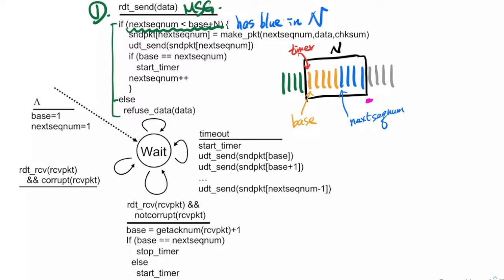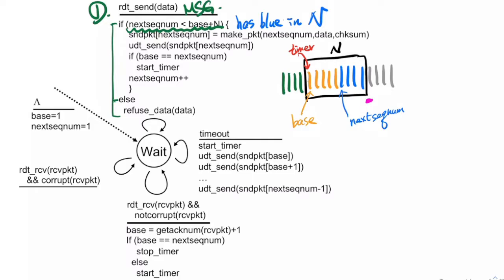Sometimes all the segments in this N window will be yellow. It is possible. That means all the packets of N are in flight, so we don't have more room to send additional in-flight packets to layer 3.